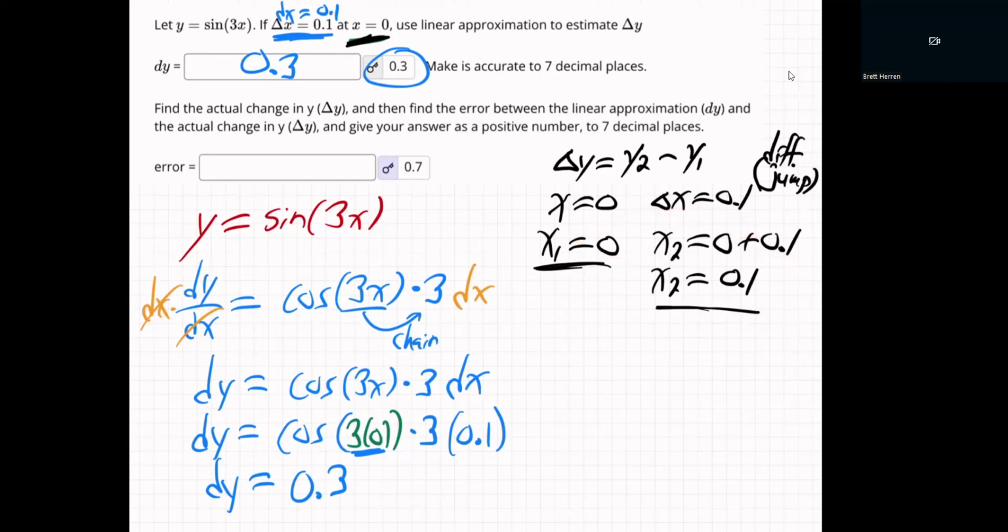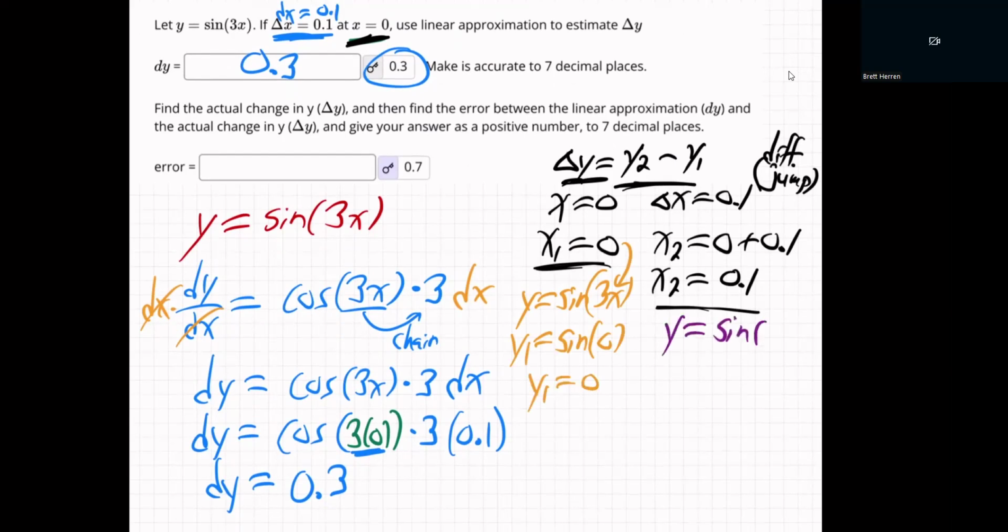So what they're asking us is, what is the difference in y values between those two x values? For example, when x1 is 0, what's the original function value? It's y equals sine 3x. When you plug in x1, y1 will be sine of 0. So y1 is just 0. And then I'm going to use the same function, sine 3x, but now plug in the second x value.